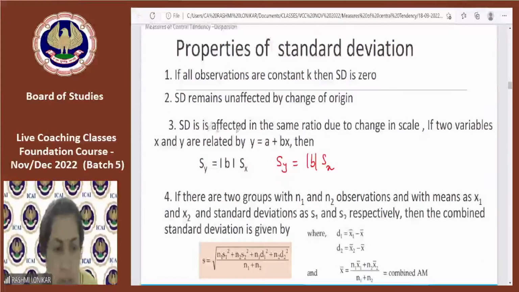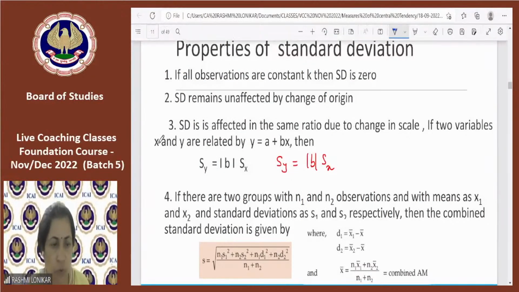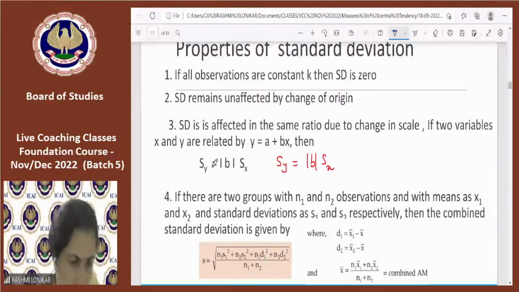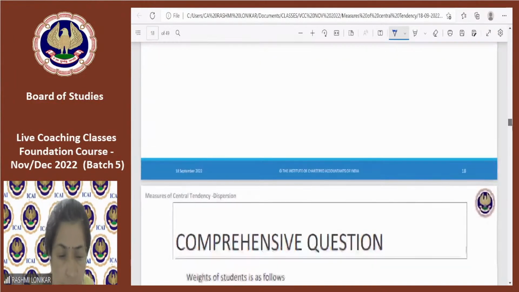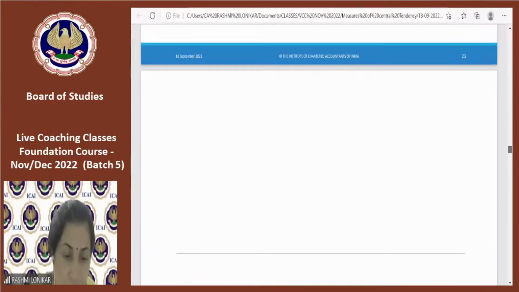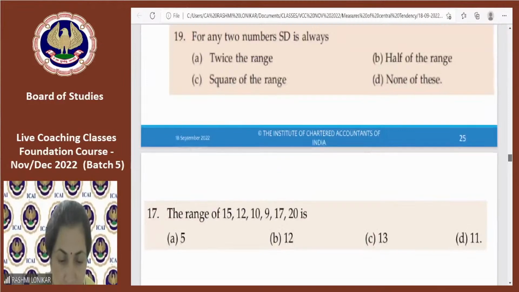Standard deviation is affected in the same ratio due to change in scale. If two variables x and y are related by y is equal to a plus bx, then standard deviation of y is equal to absolute value of b into standard deviation of x. So we are going to use the same property and find out this answer.